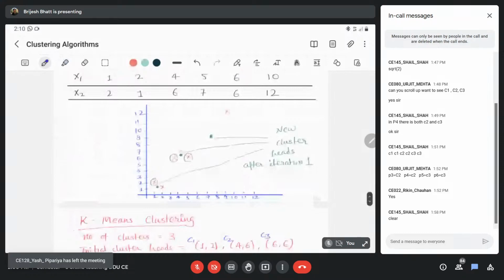For that, it works in two ways. One is bottom up, and second is top down.